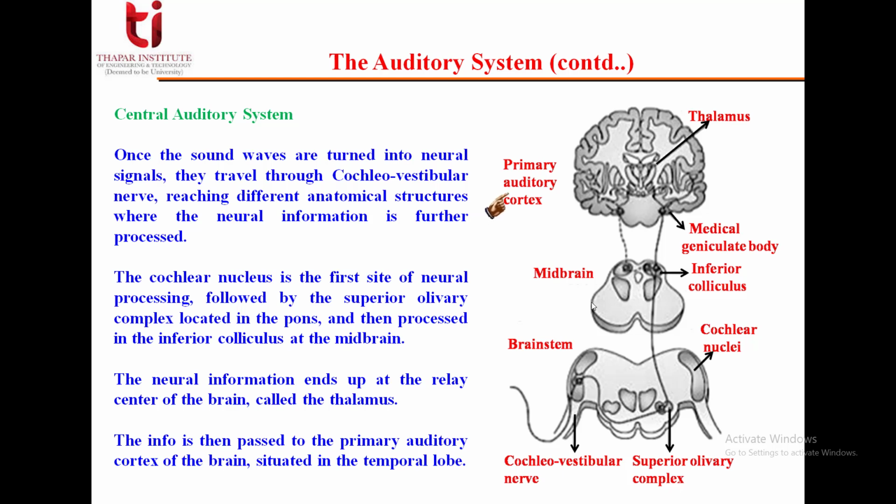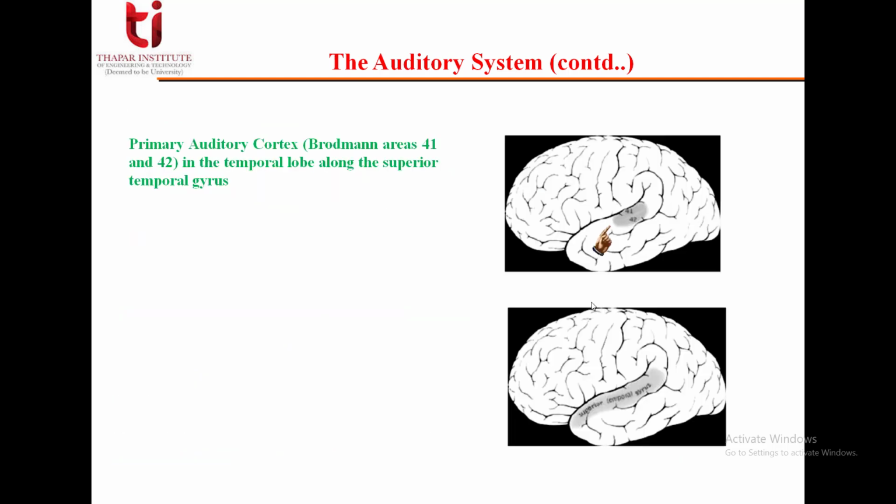So we know that in the brain we have four different lobes: temporal lobe, parietal lobe, frontal lobe, and occipital lobe. So this auditory cortex is situated in the temporal lobe. Now this primary auditory cortex has broad main areas, which are represented as 41 and 42 in the temporal lobe along the superior temporal gyrus.